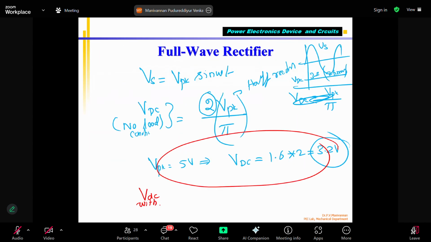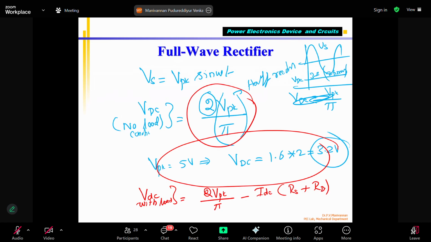With load, VDC average will be 2 Vp divided by pi, which is the no load output voltage, minus IDC times (RS plus RD).